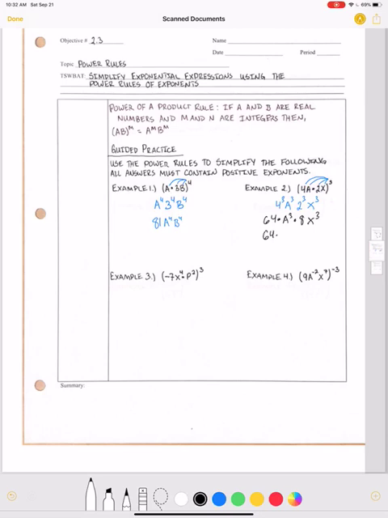We need to put 64 and 8 together. 64 times 8 is going to be 512. So we have 512 a cubed x cubed.